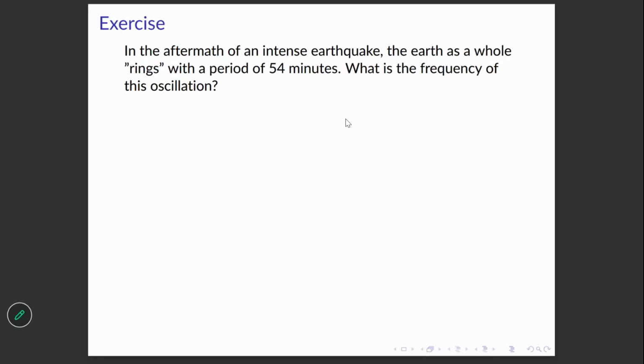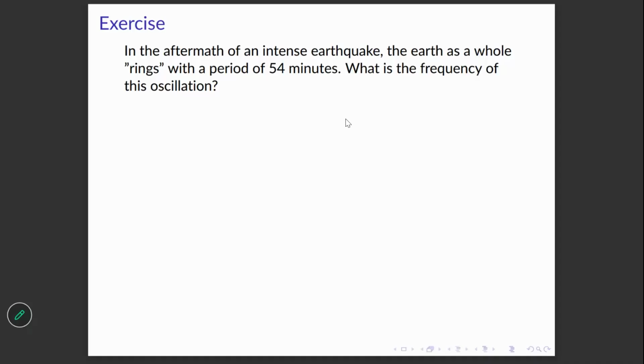How many seconds in a minute? So how do you convert? Multiply by 60. If I were sitting in your seat, standing in your shoes, I would convert 54 minutes into 3240 seconds, 3,240 seconds.